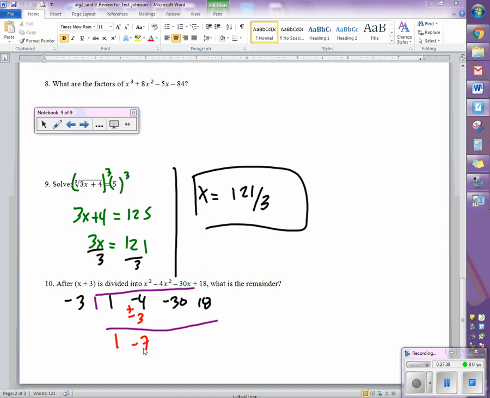Negative 7. Negative 7 times negative 3 is positive 21. Well, I'm adding, so yeah. That gives me a negative 9. Times negative 3 is a positive 27. Plus 18 is 45. So the question said, what is my remainder? My remainder is equal to 45.